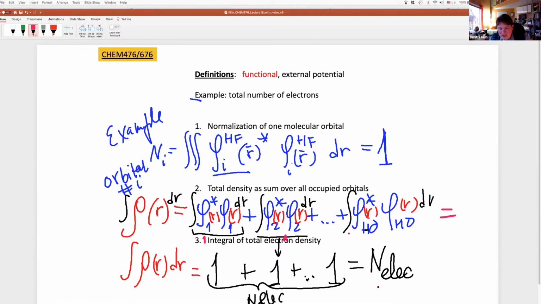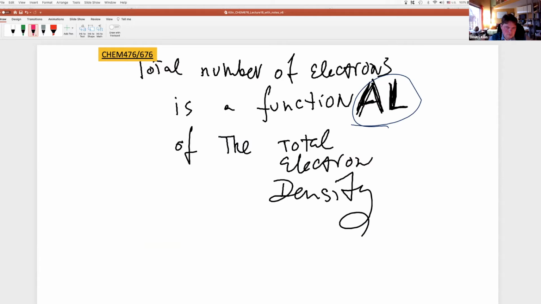But if one does not perform the integration, then this adding together of all occupied orbitals can be treated as the density of electrons. So on average, how many electrons are located in a certain vicinity of space. And it's a function.